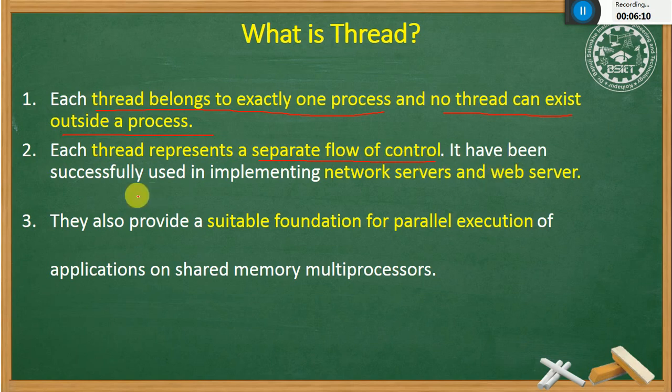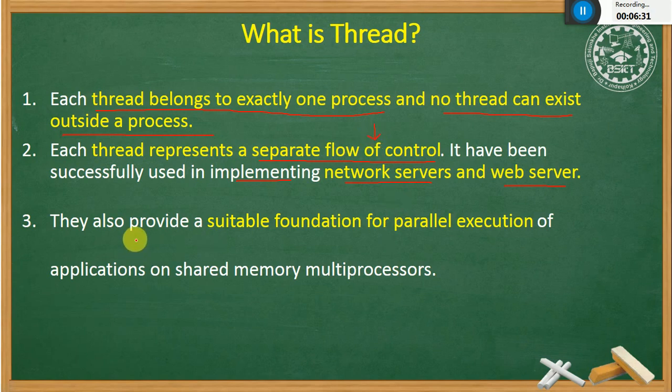It has been successfully implemented in network servers and web servers. In networking, we have server side threads and client side threads. So a thread has its own separate flow of control. It is a very important point.